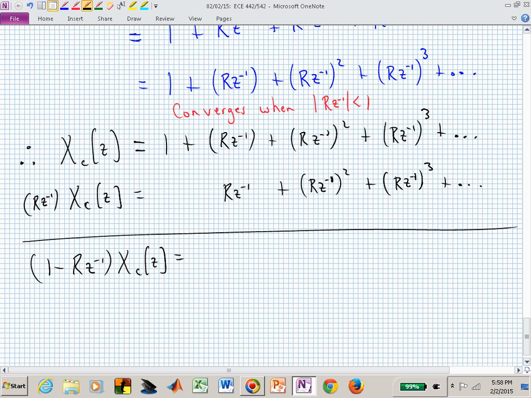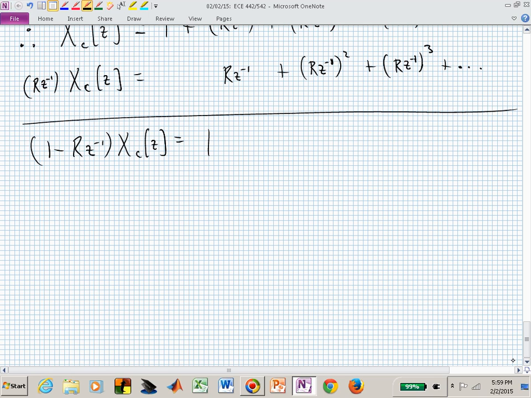Most of the tail goes away, and we're left with just 1. And now we have a closed form expression for capital X sub c of z for an exponential discrete time waveform.